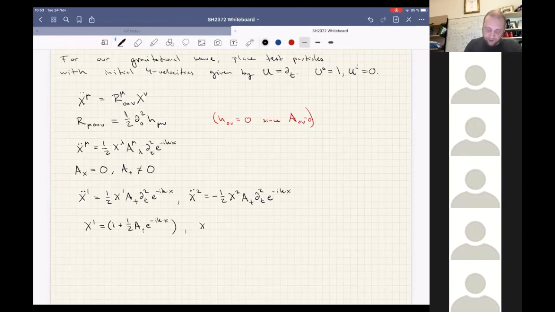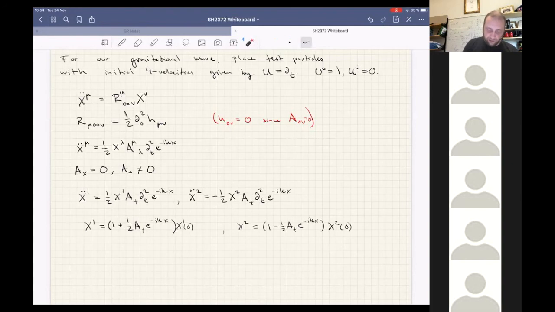And in a similar fashion for x2, we get 1 and then we also need some initial condition here. So x1 at 0, whereas x2 is the same thing but with a minus sign. So minus a plus e to the minus I kx times x2 at 0. So what does this mean?